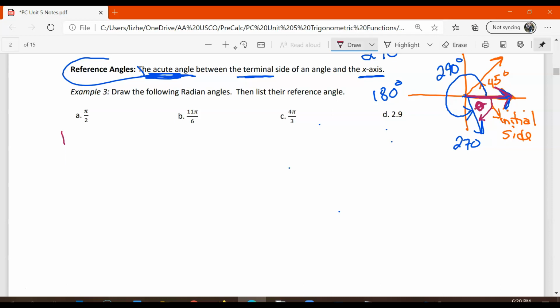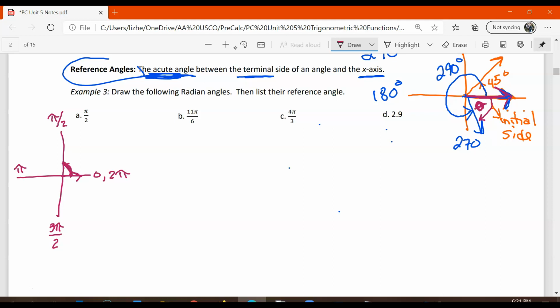Pi over 2, if you remember. Here is 0. Here is pi. Going all the way around, this would also be 2 pi. That leaves pi over 2 right here. This is 3 pi over 2. You just kind of have to know those numbers. So to draw this angle, we have our initial side there, and then we go up to pi over 2. So you would just say this is pi over 2.